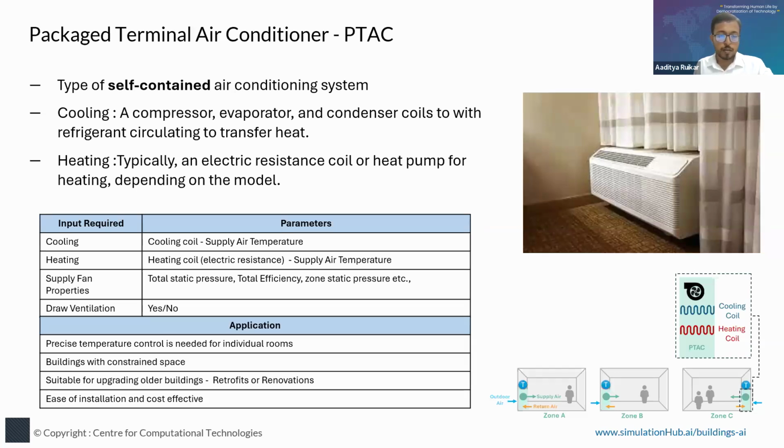As this is a terminal unit which doesn't use a separate plant, you don't have to provide a plant like other systems. You just have to provide cooling supply temperature, heating supply temperature, choose the source as electric resistance, and provide fan properties and outdoor air units. And if you are looking for a cost-effective solution, then this system is a good selection.